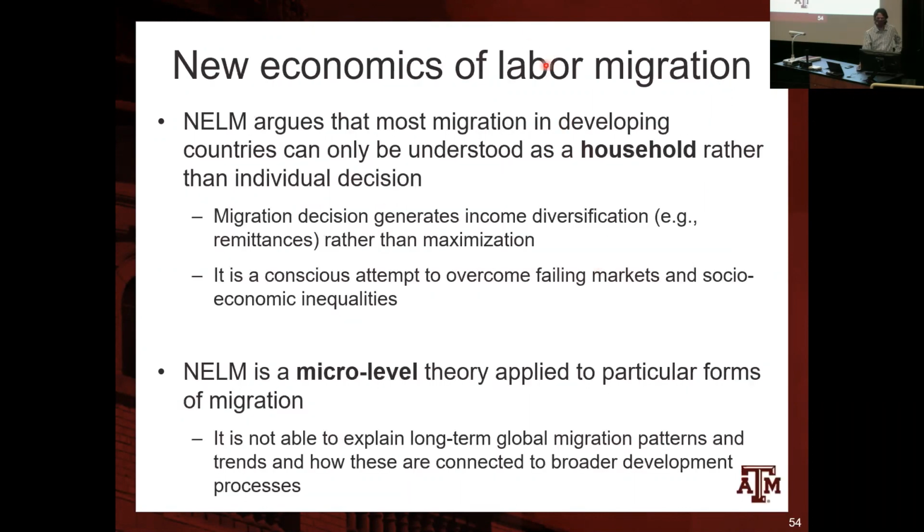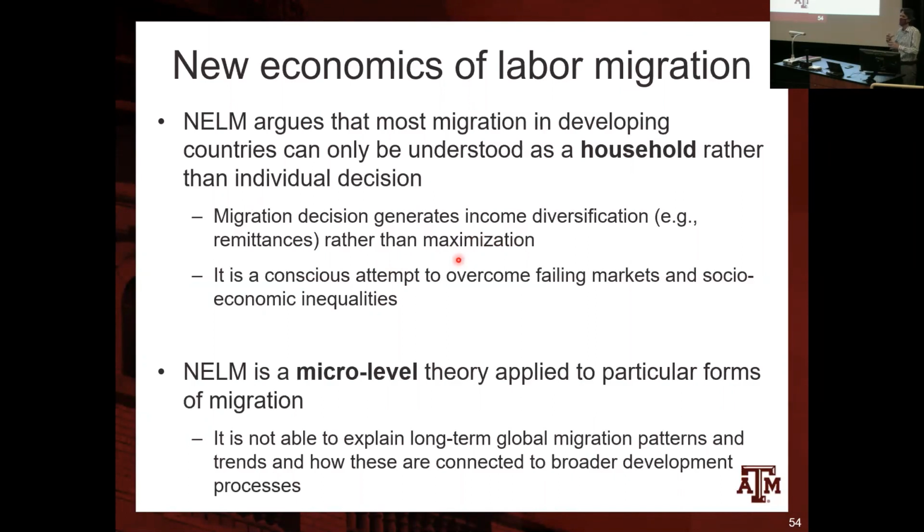The new economics of labor migration now includes decision at the household level. The new economics of labor migration argues that most migration in developing countries can only be understood as a household rather than an individual decision. Migration decision generates income diversification rather than maximization.